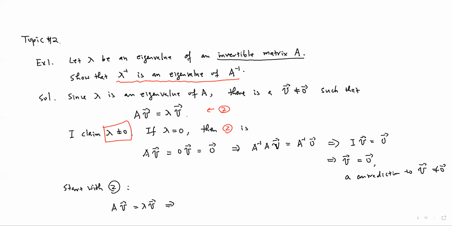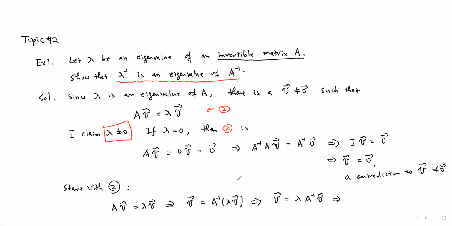Now let me move A to the right side, which means multiplying the equation by A inverse from the left side. Lambda is just a number, so I can move the number out.